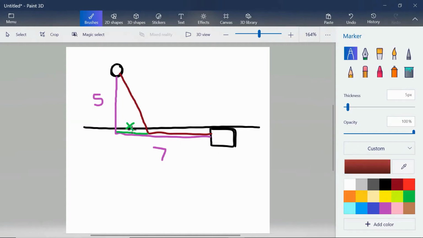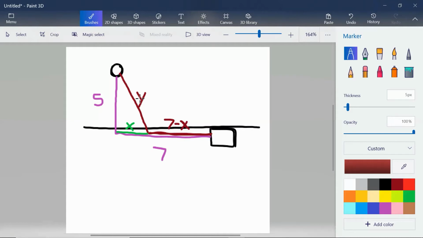Once I call that my variable x, then the amount that we travel along the shore is 7 minus x. So the amount that you travel along the shore is 7 minus x. And if we call the hypotenuse of this right triangle y, then the amount that we've traveled through the water is y.